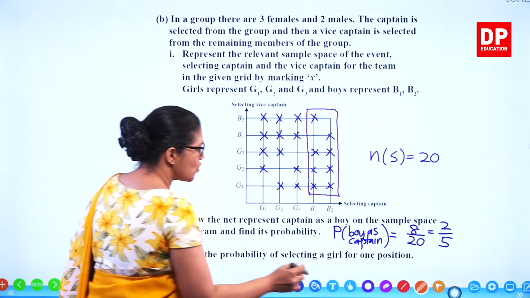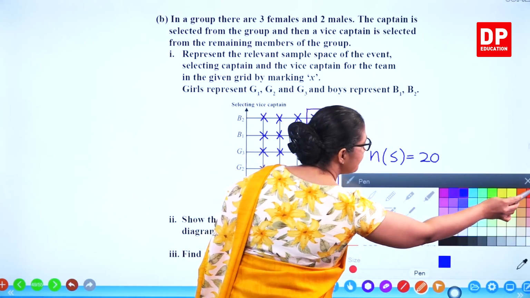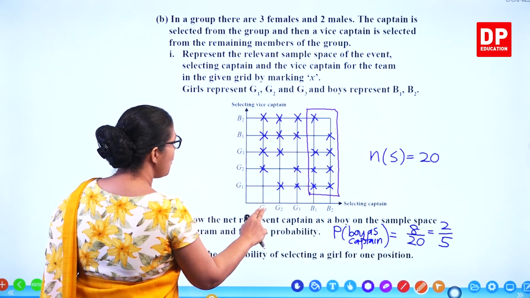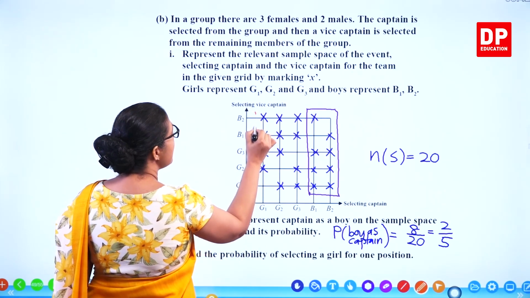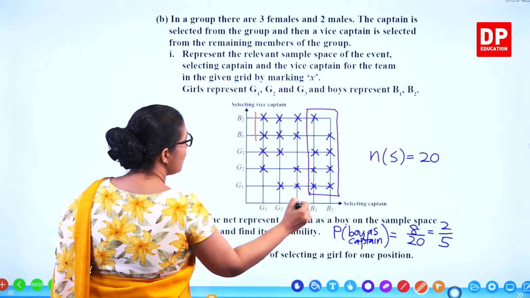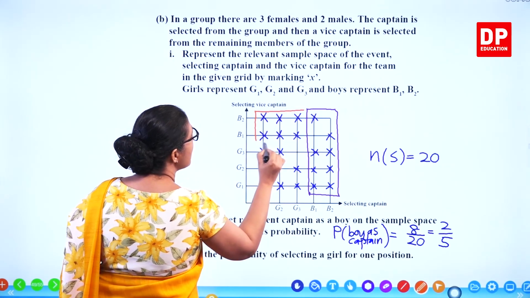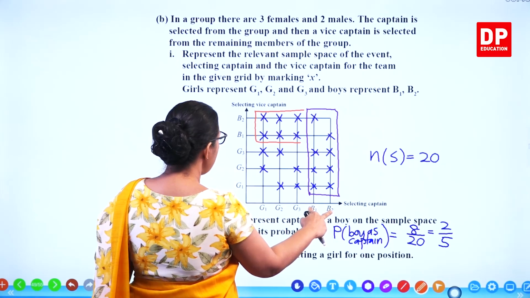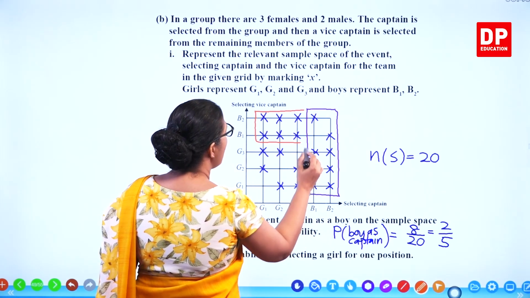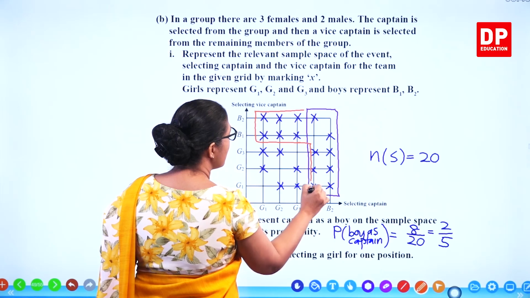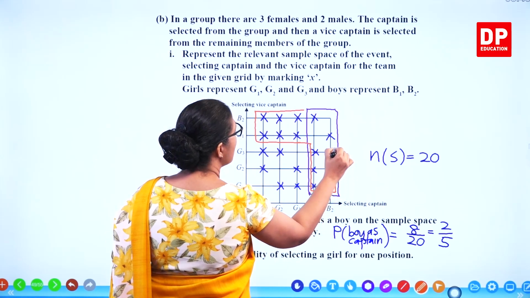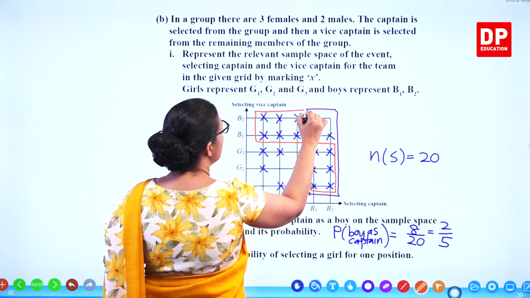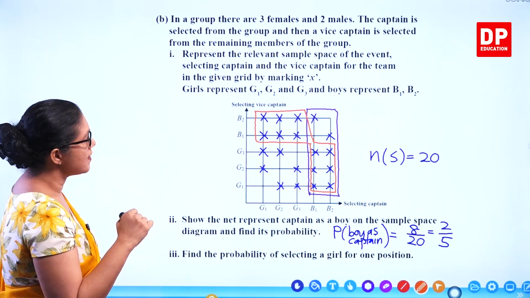Find the probability of selecting a girl for one position. Girl for one position. So what are the possibilities? If you select G1, you can't select girls. So this is okay. For these 3, this part is okay. Girls with boys. Then if these 2 are boys, girls can participate. So this one and this one. So that's the outcome.